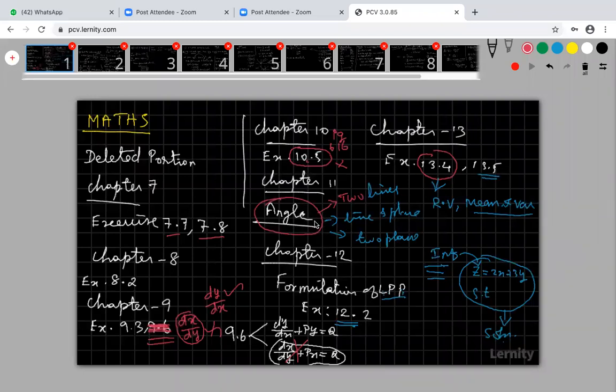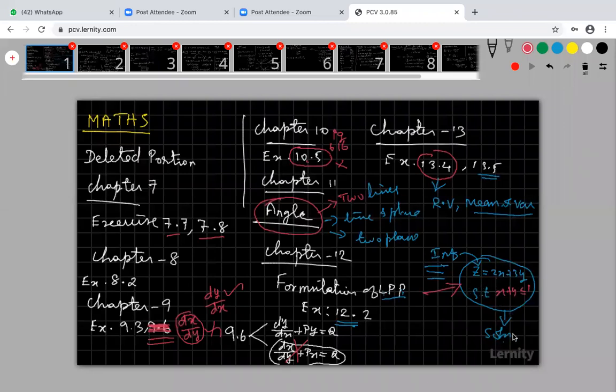And chapter number 12, exercise 12.2 is totally deleted. That means formulation of LPP. LPP means linear programming problem. That is, maximize Z equal to 2x plus 5y subject to some conditions like x plus y less than or equal to 1. This type of problem is the LPP problem.